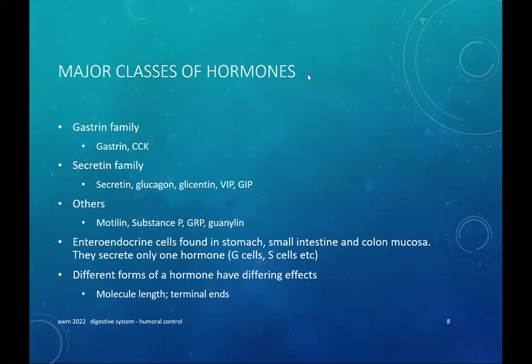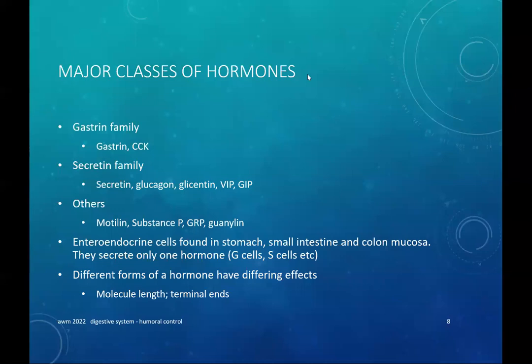Now, you have different forms of the hormone. This is biochemically. Depending on the form of the particular hormone, it will have different effects. For example, you can have hormones that are very similar apart from the molecular length, but that difference in length will also alter the actions of that particular hormone.